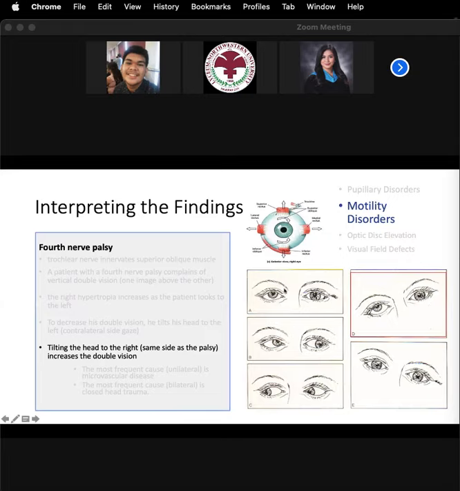From the straight gaze, then right tilt, he noticed it increased.